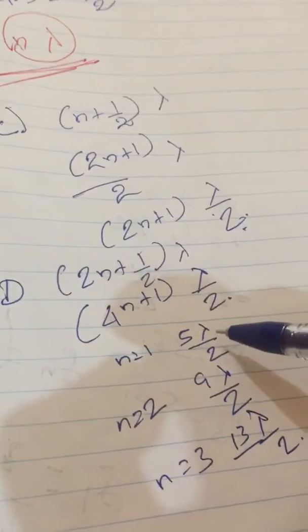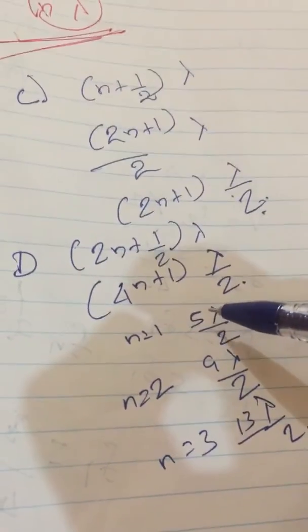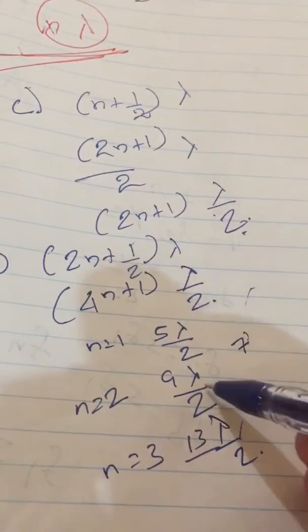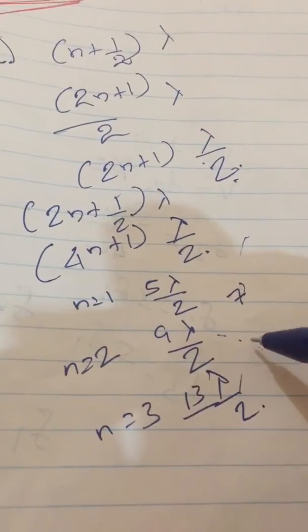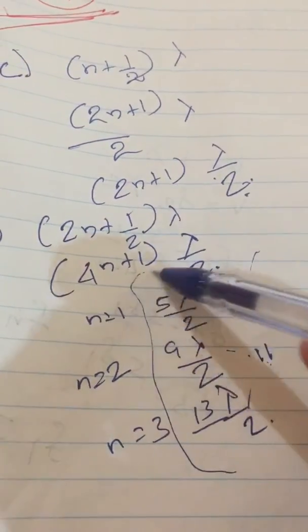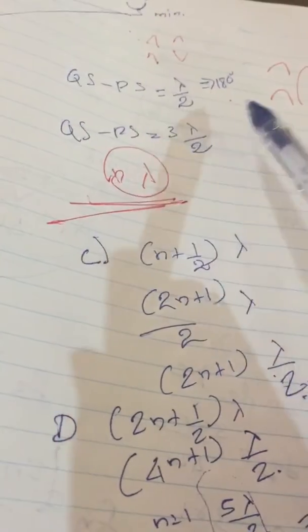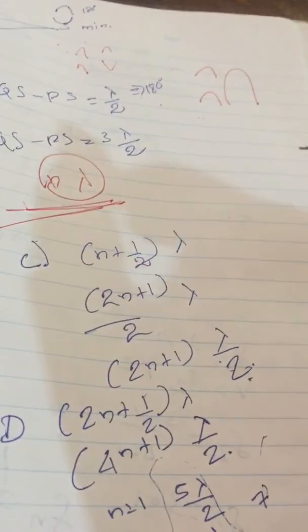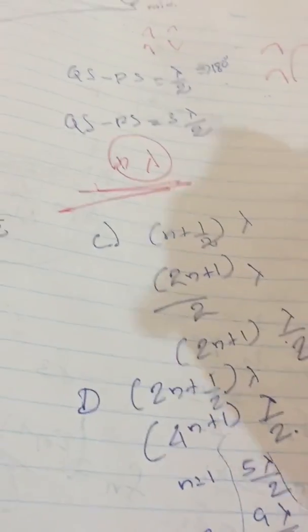So what they are saying is they are taking every other odd number. 5 is taken, 7 is omitted, 9 lambda by 2 is taken, 11 is omitted, 13 lambda by 2 is taken, but basically they are taking an odd number multiple of lambda by 2, which would introduce another 180 degree phase difference and make it crest on crest, a maximum, which we do not want to happen.